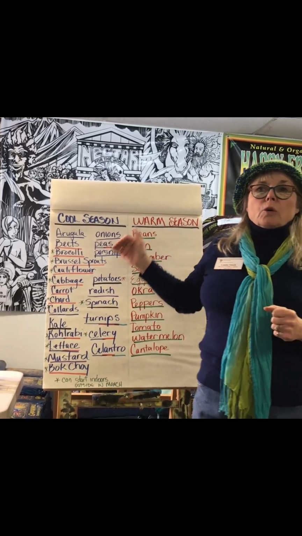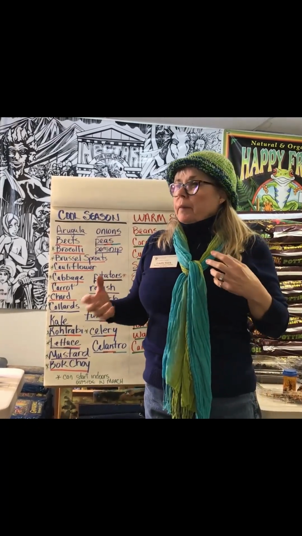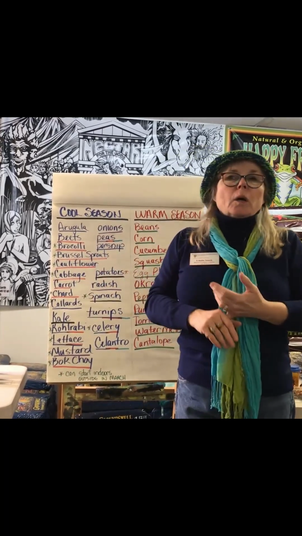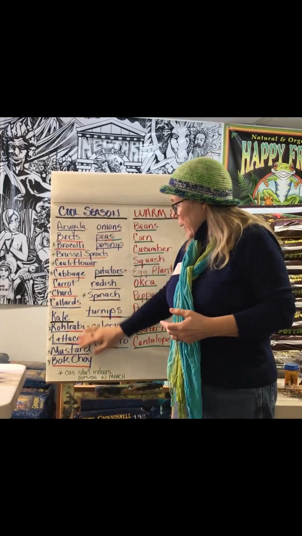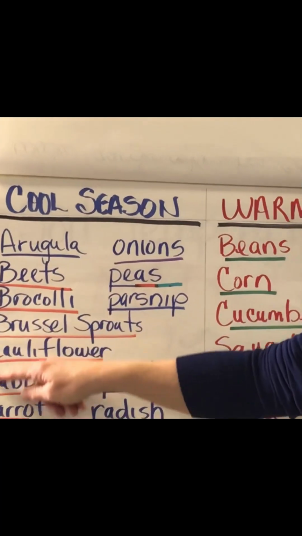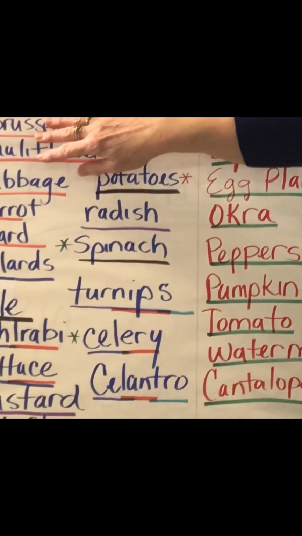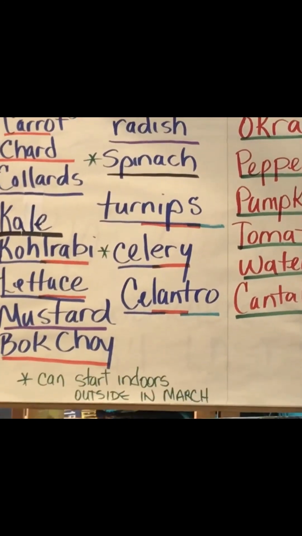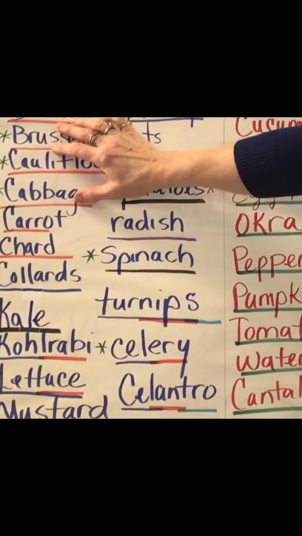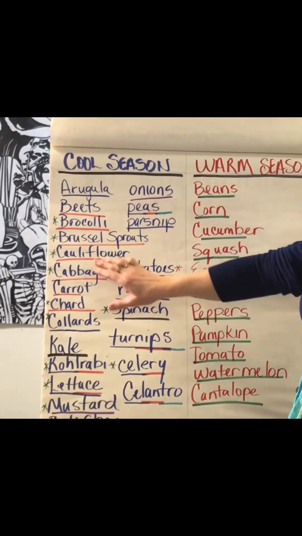So you want to work with your weather and work with the pests. Some things you want to get started. Your cool season plants. All of these are cool season plants. And all of these with the green asterisks, these are ones that you can start in a container and transplant to your soil in the garden later.